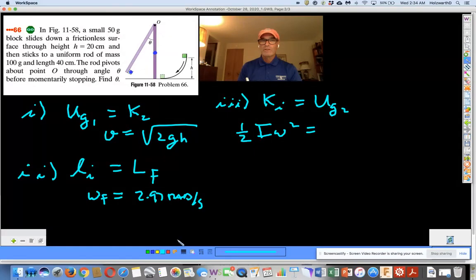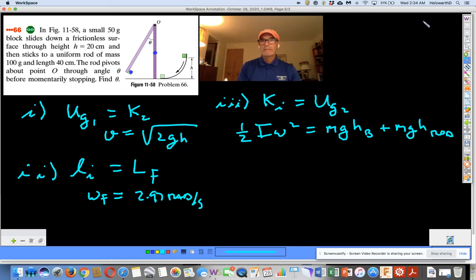And so that kinetic energy of the monolith, rod and the block, is going to equal the change in potential energy. We're going to call it mgh, let's call it block, plus the mgh of the rod. Now we're taking the center of mass into account.